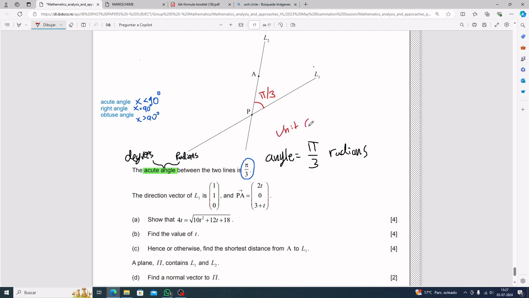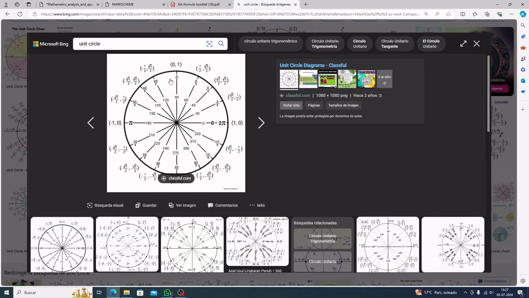The unit circle helps you transform all these angles and radians into a more accessible piece of information. So once you memorize the unit circle and you look for pi over 3 on it, you should find it right there on the 60 degrees.